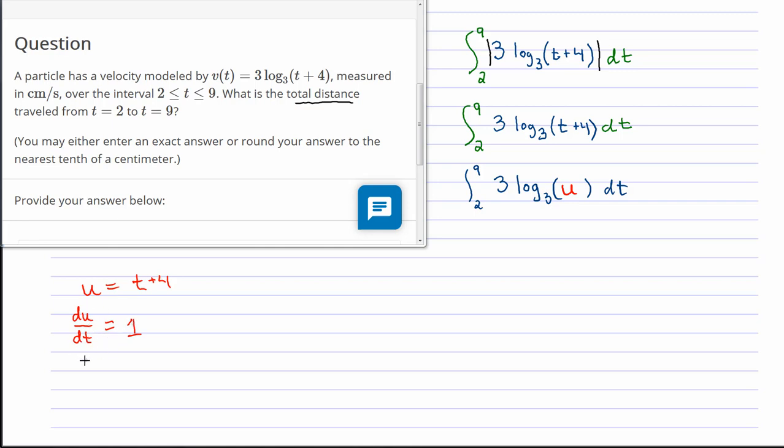Then if I multiply both sides by dt, I get du is equal to dt. So this is one of those rare occasions. Let me continue this integral: we've got 3, log base 3 of u, and then a du.